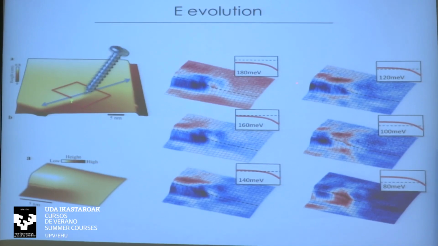So we believe what we see is a slight band bending towards the screw. On the last few atoms, it becomes really huge. When we go down in energy, we cut this edge mode at different energies, and this gives this running-like behavior as we approach the screw on the last atoms.